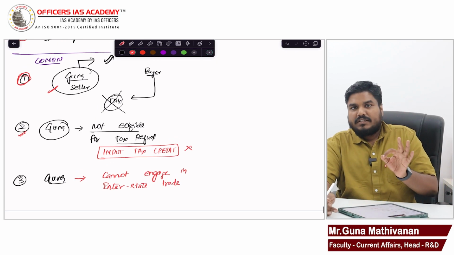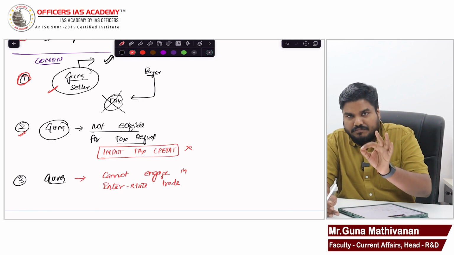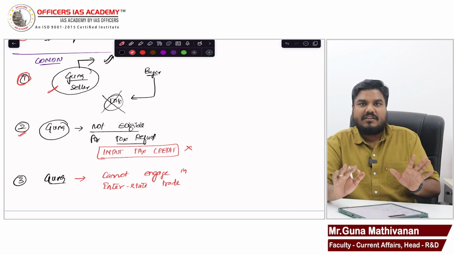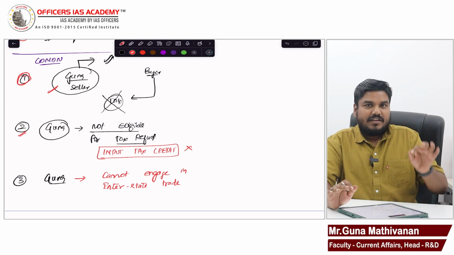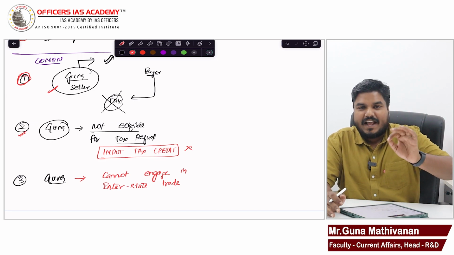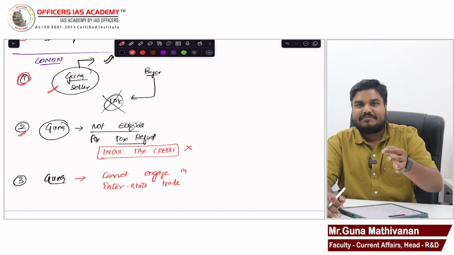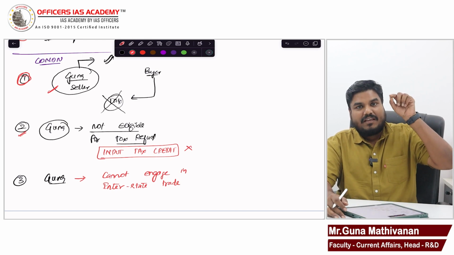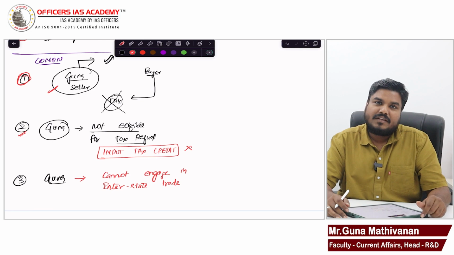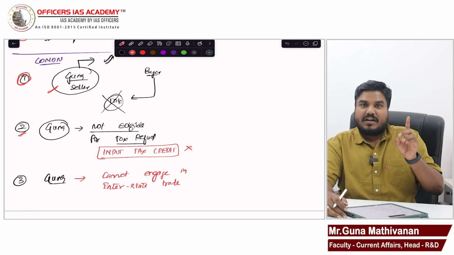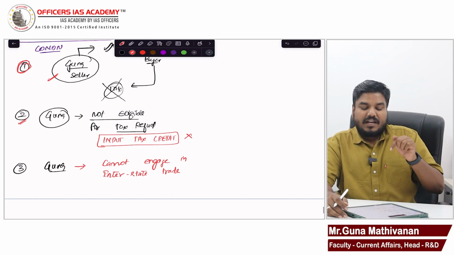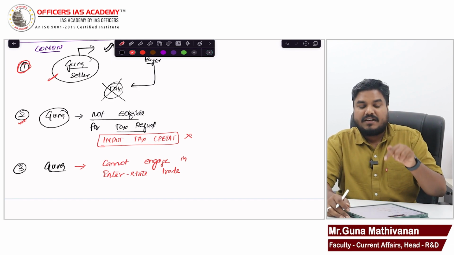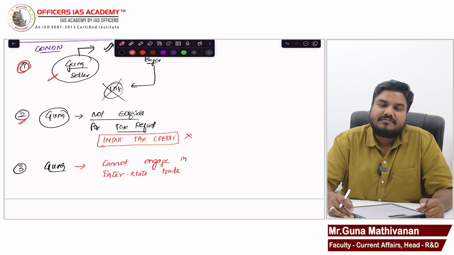So if someone is going to opt for the composition scheme, remember all these things. You cannot collect tax from the consumer. Guna has to pay by himself. Guna will not be eligible for tax refunds. And Guna cannot engage in interstate trade in this example.